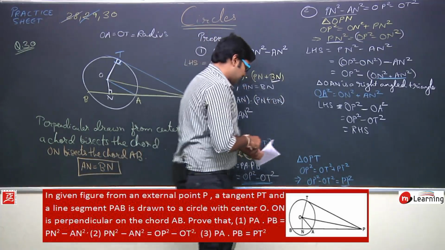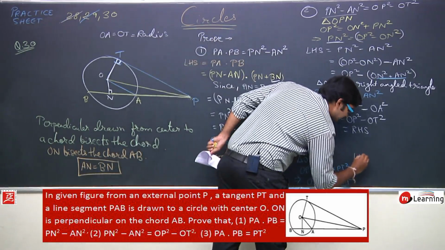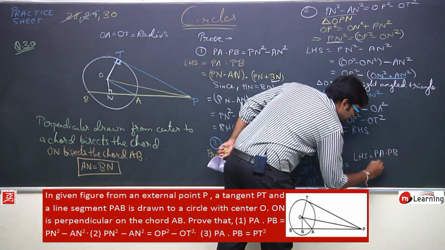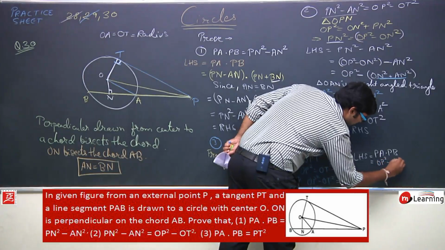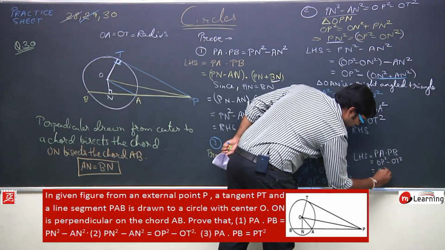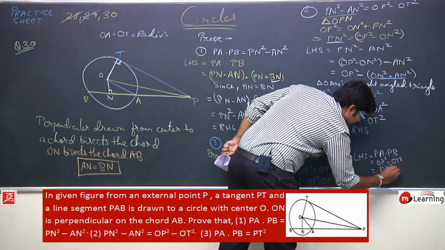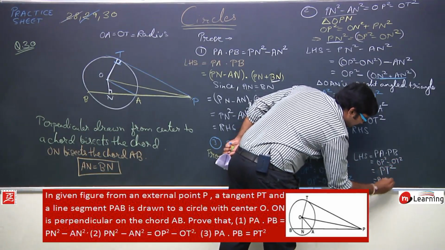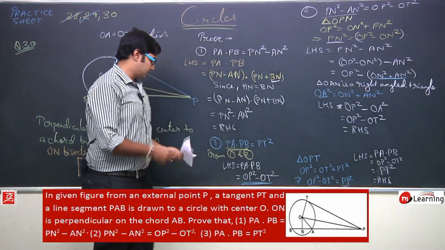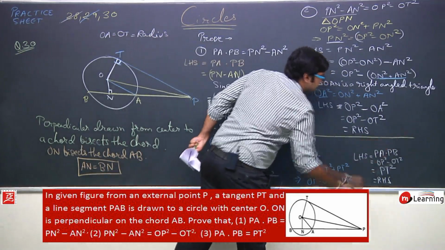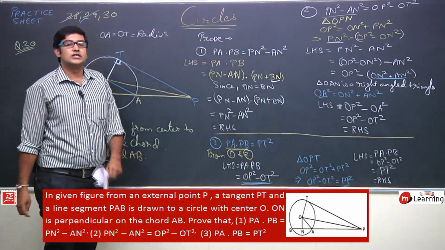So you will get LHS is equal to PA into PB is equal to OP square minus OT square, and this is equal to PT square, which is the RHS. Okay, this is the proof for the third condition.